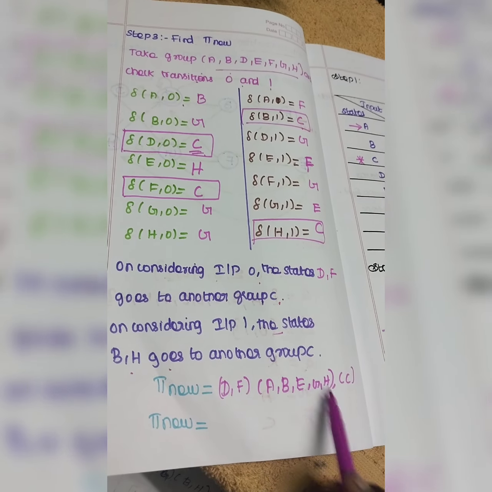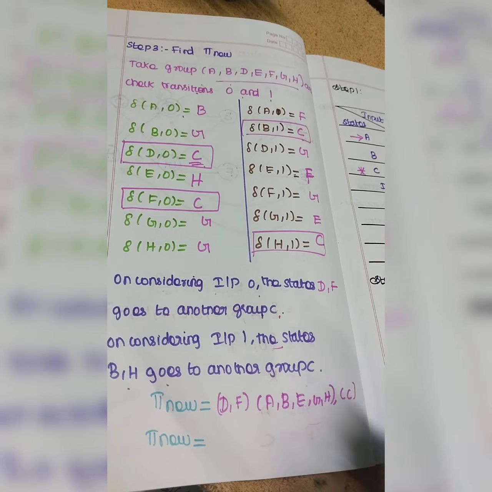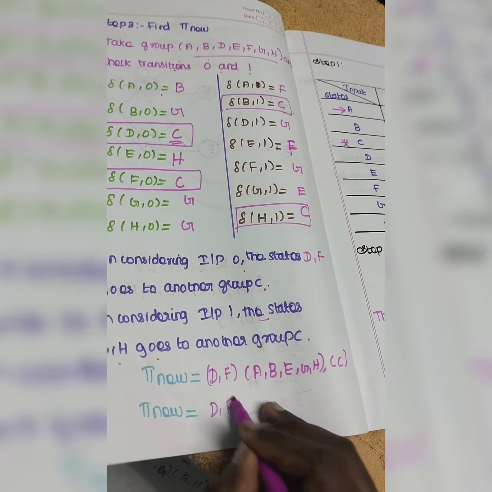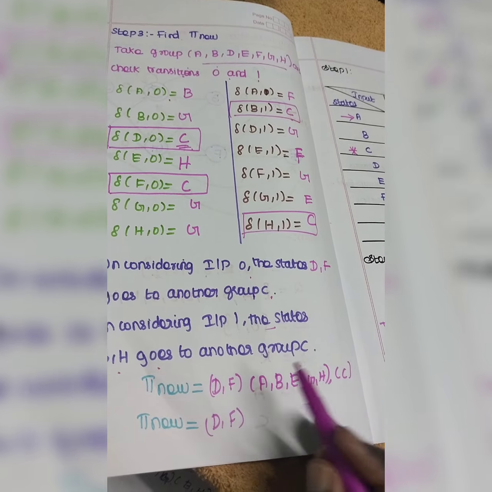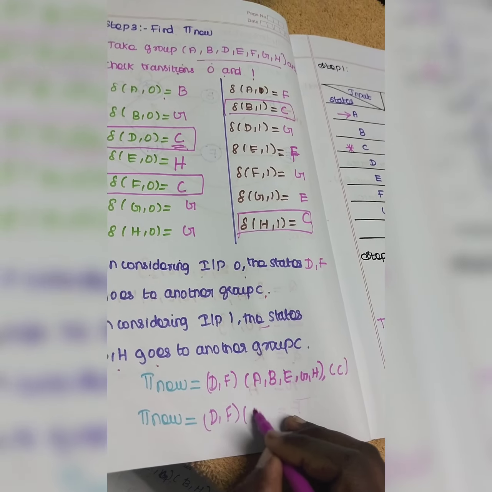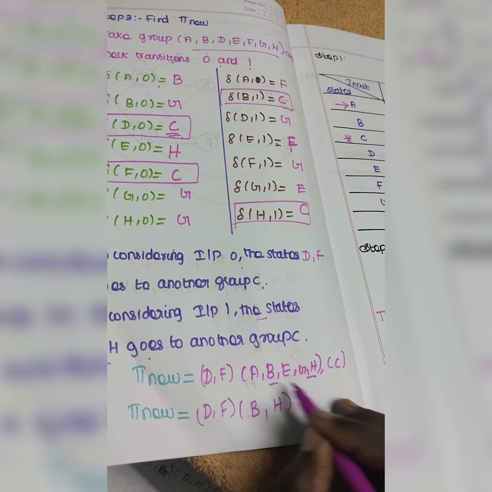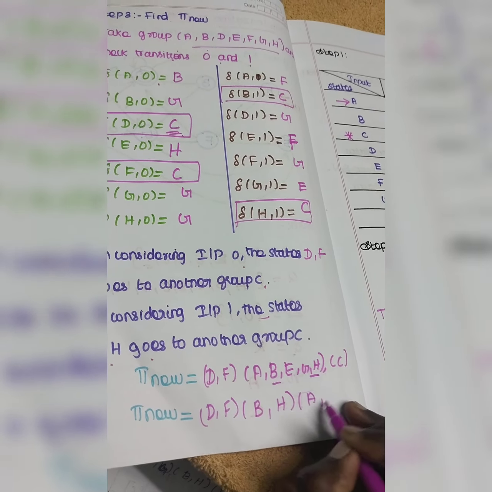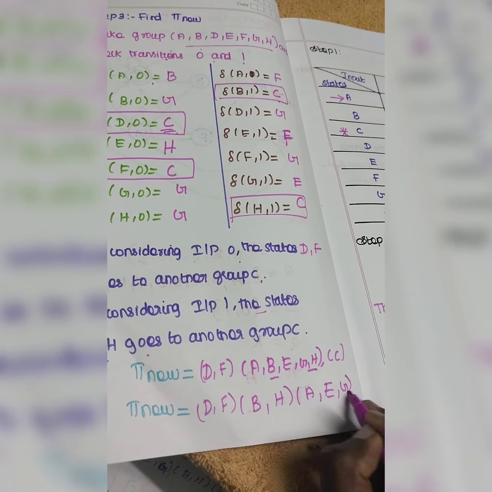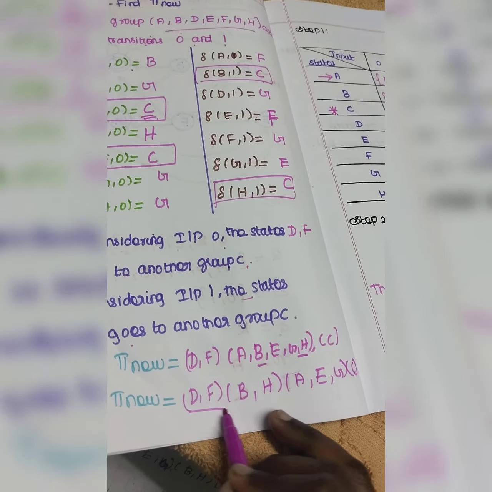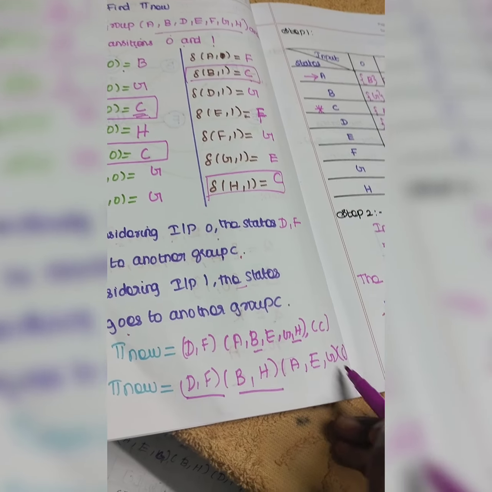So if you are processing again, you got B and H as another category. DF is already there. If you are processing with the input 1, you got B and H. If you remove B and H, the remaining are A, E, G and C only. So this is the order. So we have reached DF1 states, BH1, C.